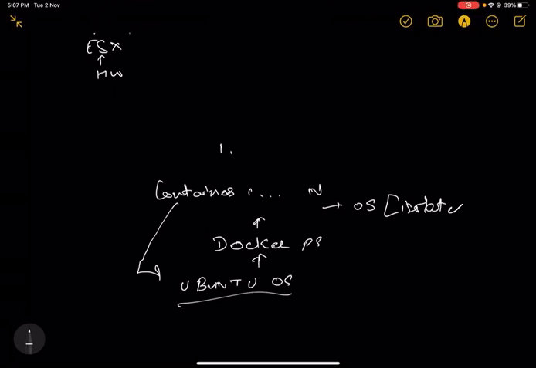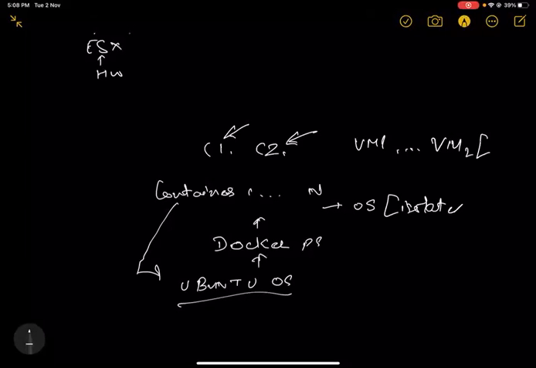Suppose you have two containers, container 1 and container 2, let's say C1 and C2. Both of them will not have a separate copy of an operating system running inside them, as was the case with VM1 and VM2 when deployed on ESX.